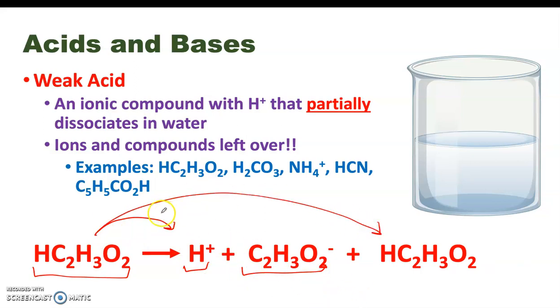So you might have only 5% of this actually break up, and 95% is still dissolved in water, but not separated into its ions. If I put acetic acid in water, notice I have 3 acetic acid compounds. Only one of them actually broke up, and the other 2 haven't. So it only partially dissociates in water. That's the difference between a strong acid and a weak acid.